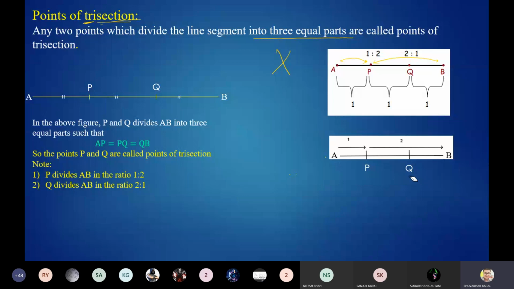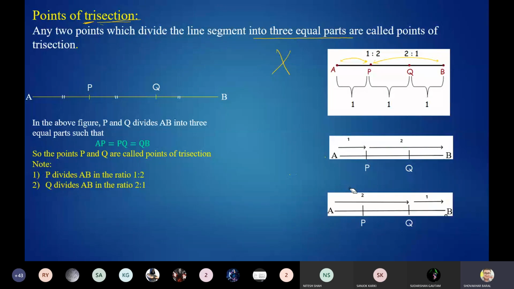You can see here clearly that AB is a line segment, and it is divided by P and Q. The distance from A to P is 1 and the distance from P to B is 2, or you can simply say one part and two parts, so the ratio is 1:2.